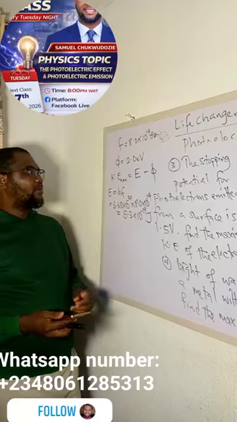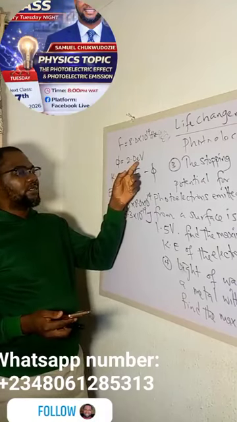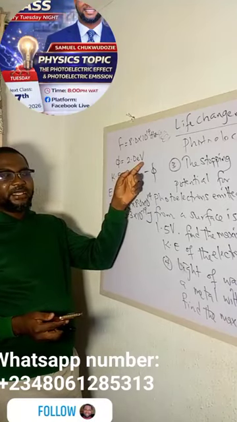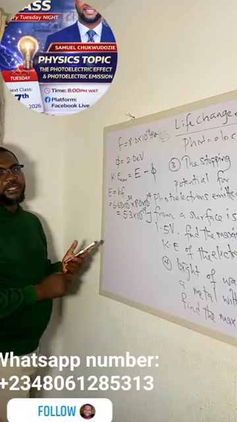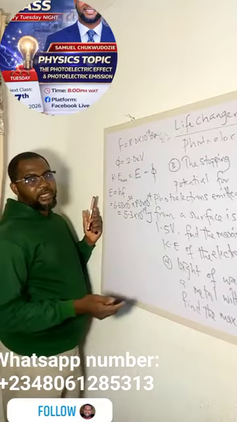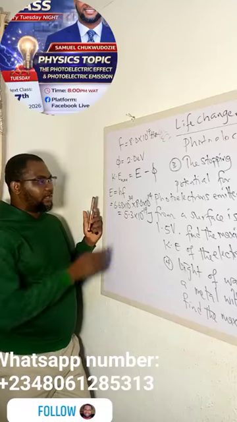Then secondly, what is the work function? If you notice here, the work function is already in electron volts, and that's a problem. We need to also convert it. So how do you convert electron volts to joules? You multiply by 1.6 times 10 to the power minus 19.